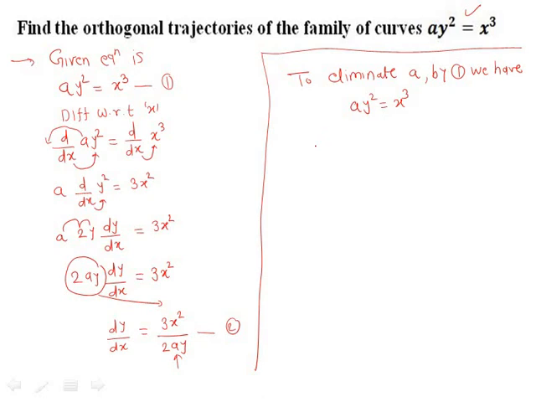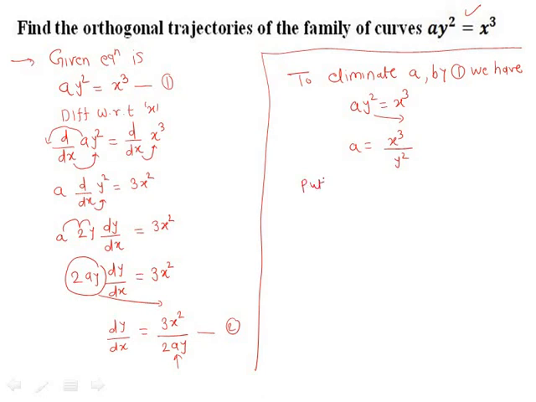By using this equation, we have to find out the value of this arbitrary constant. So we will transfer this y square to the denominator, so it becomes x cube upon y square.